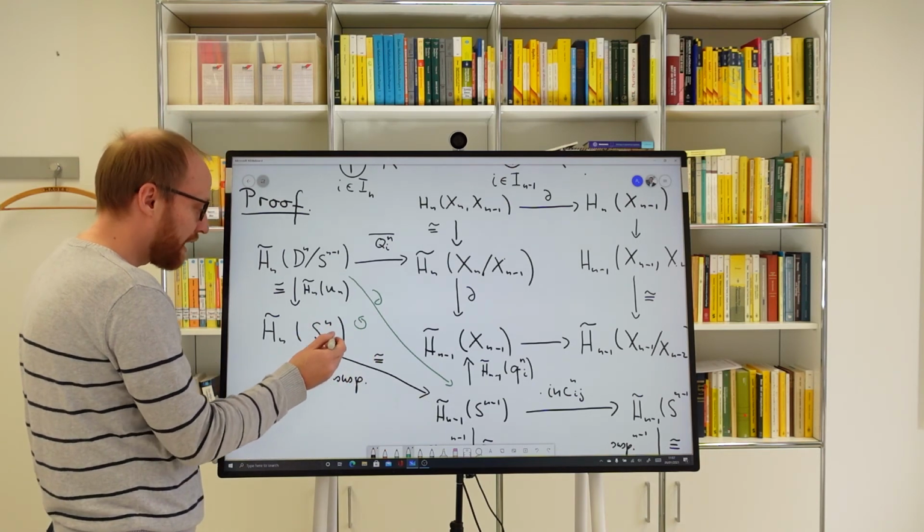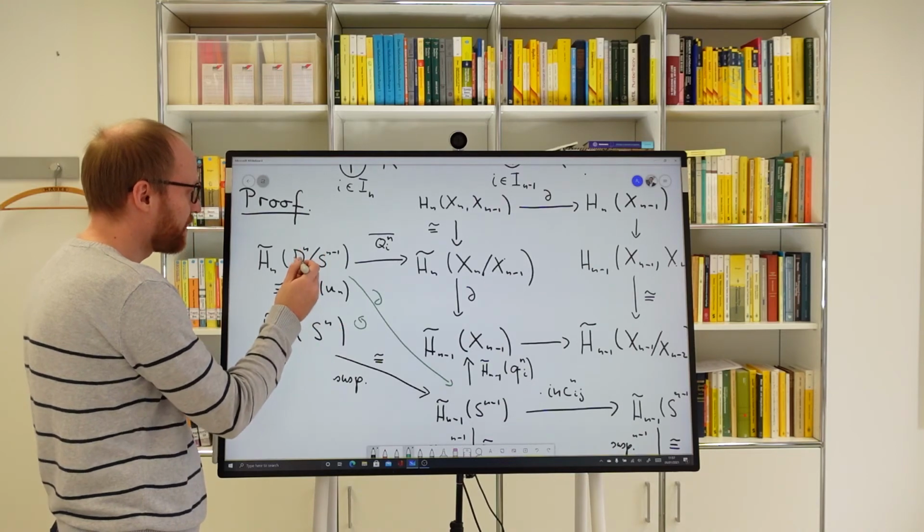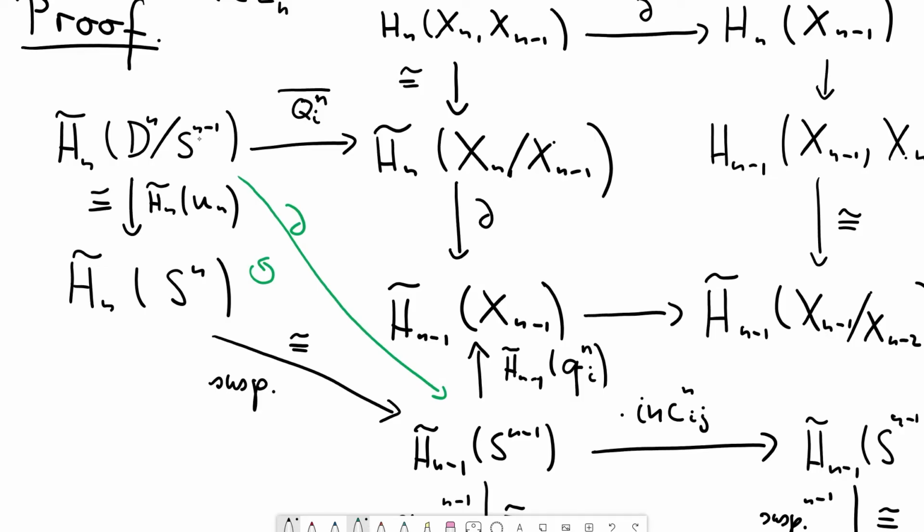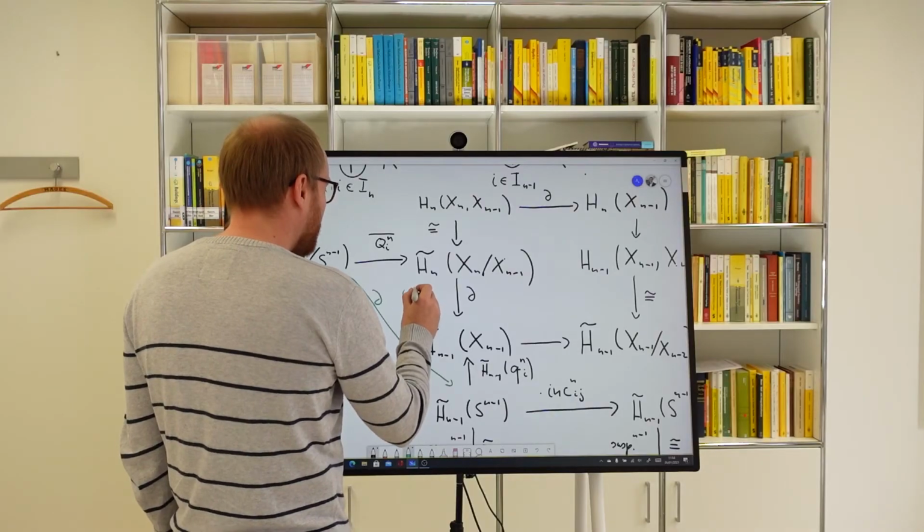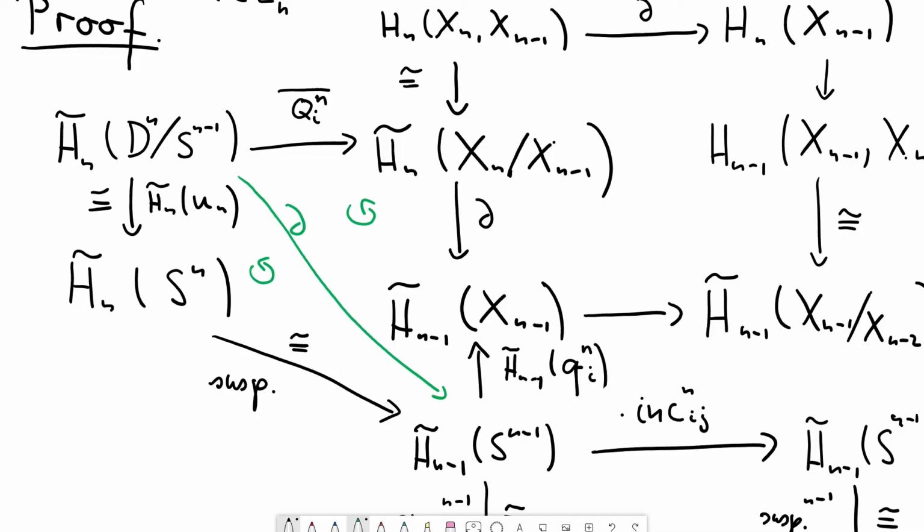Suspension meant identify the n-sphere with the quotient of the n-disk mod the (n-1)-sphere, and afterwards apply the boundary map in the long exact sequence of the pair. Yeah, this is exactly what this is. So this triangle commutes. And this triangle here also commutes, and this is just the naturality statement of the long exact sequence.